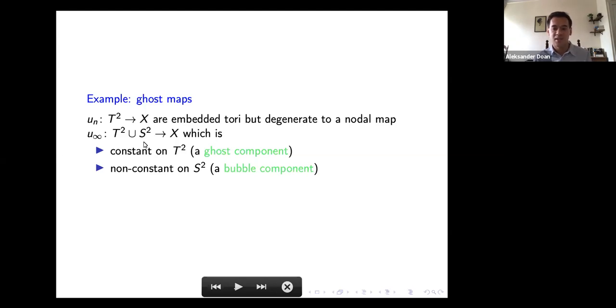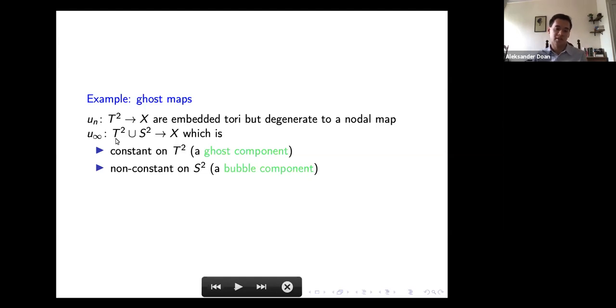And sometimes these nodal maps can be smoothed to maps from embedded tori. This is a bad situation because for a certain J, the number of curves could change as you vary J. So this is the first problem.